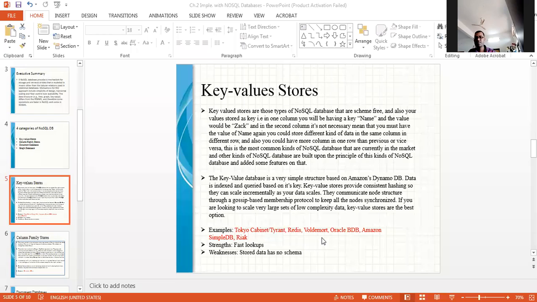For data structure servers, Redis is the name you have listened to before sometime. Then the Memcached database, then Berkeley DB, Hamster. There are a lot of databases there. Or Amazon Dynamo, as I have told you before.